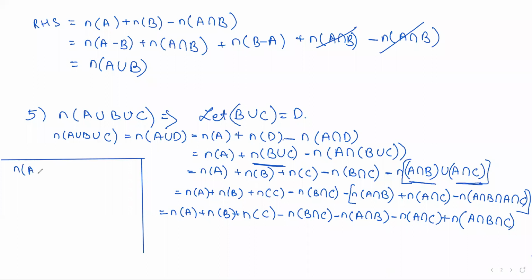N of A intersection B intersection A intersection C can be written as N of A intersection B intersection C. Here, B intersection C intersection A has been written as A intersection B intersection C. We can flip it. Why? Because we know that A intersection B is equal to B intersection A.